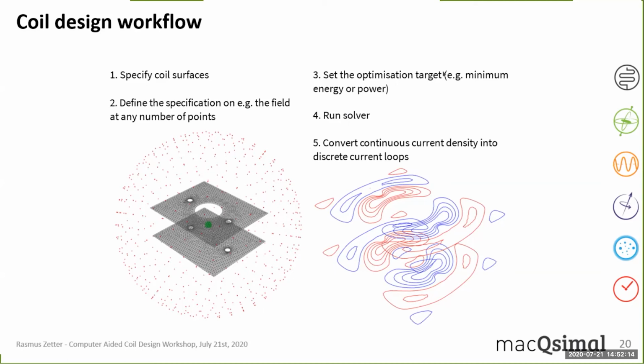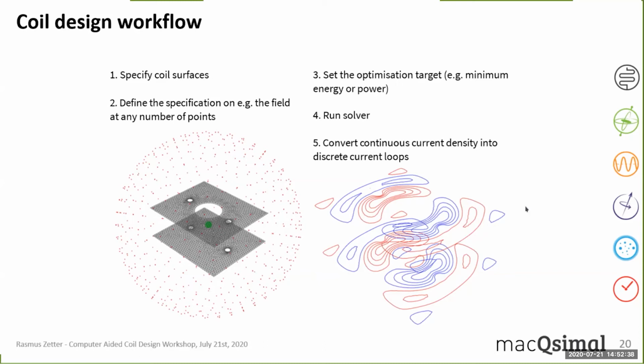We set the optimization target, the quadratic objective. We solve for the S vector, either using least squares or an iterative solver. And then we convert the continuous current density you get into discrete current loops.